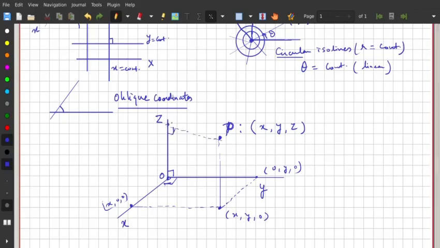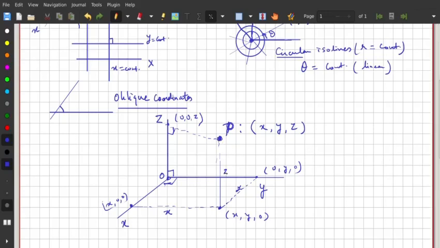This point is 0 comma 0 comma z. Okay, so you see this length is x, this length is y, and this vertical height is z. So that's a general representation of a point in Cartesian coordinates.